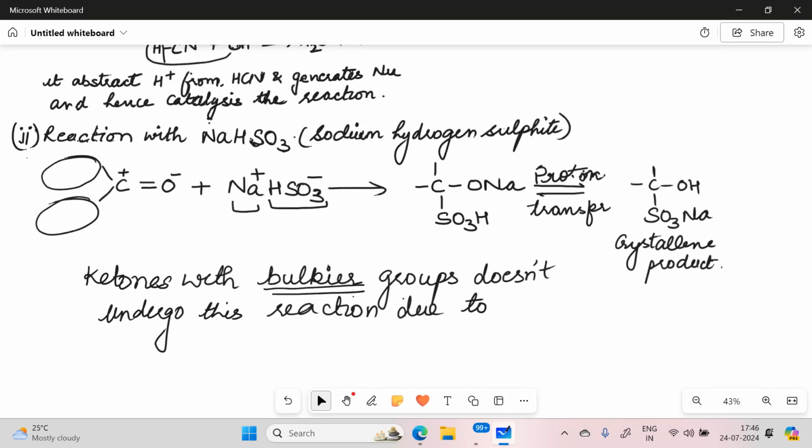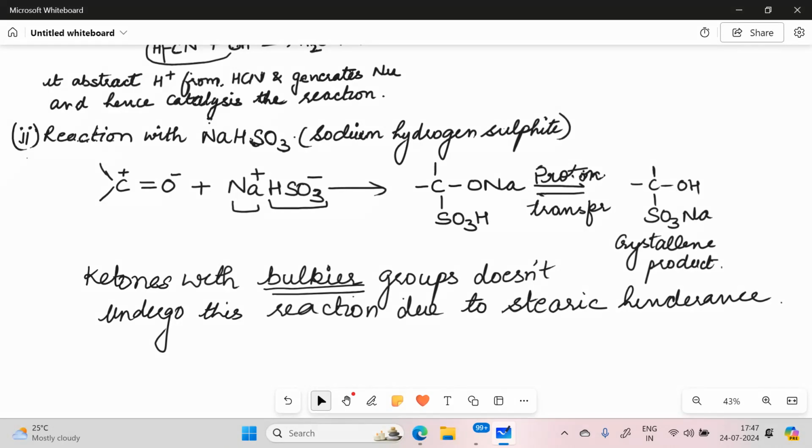So we call this steric hindrance. Steric hindrance means there is already an overcrowdedness around carbon, so there is no space for the nucleophile to attack. So ketones with bulkier groups do not undergo this reaction because of steric hindrance.